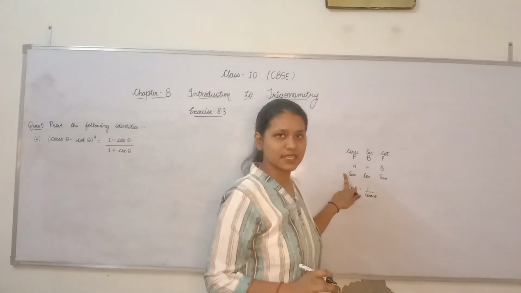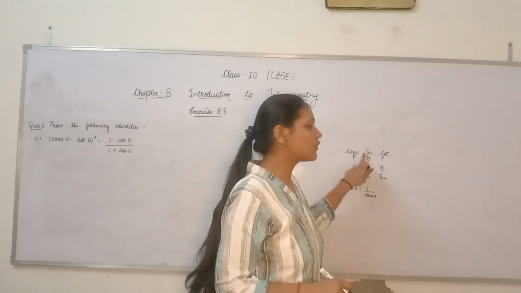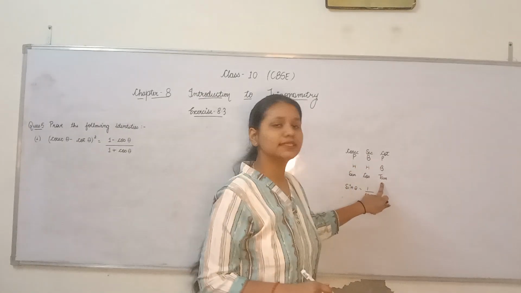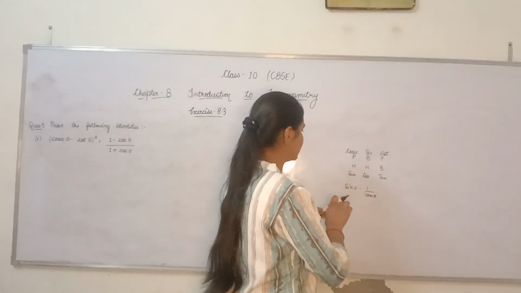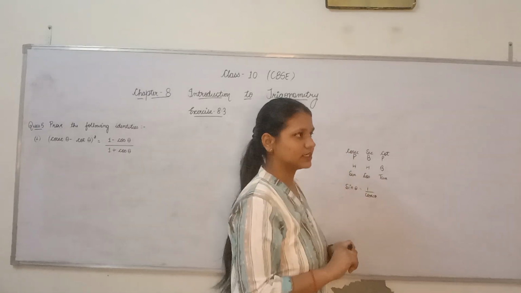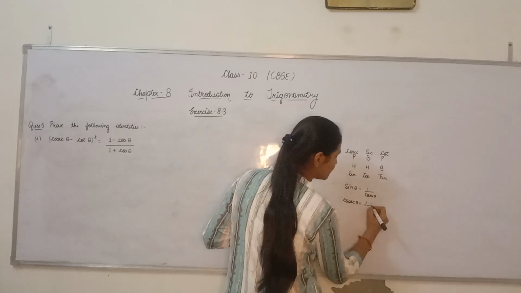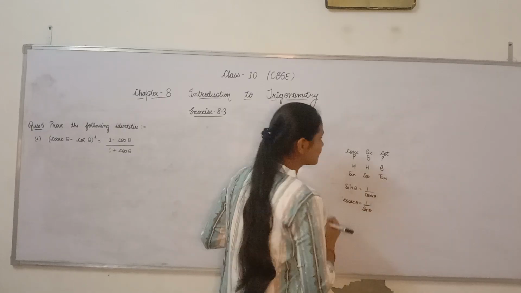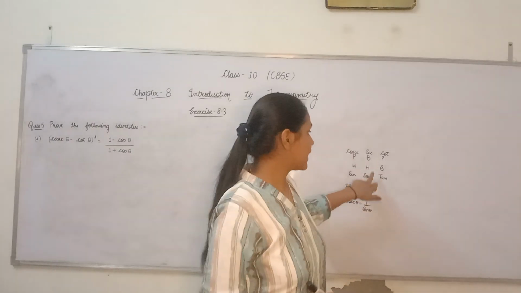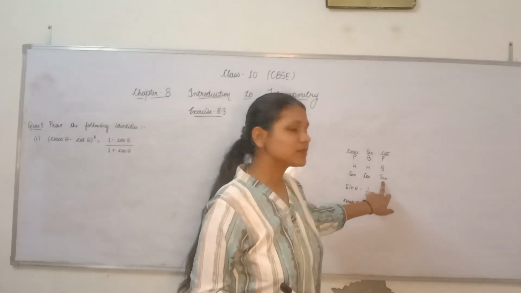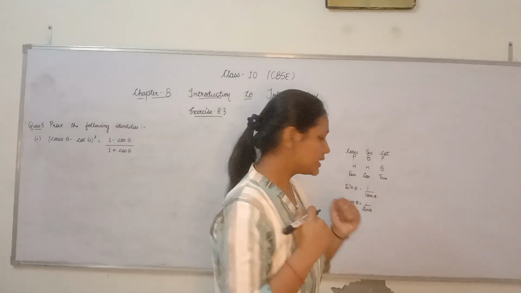Sine theta is the reciprocal of cosecant theta, and cos theta is the reciprocal of secant theta, and tan theta is the reciprocal of cot theta, and the same will be for cosecant theta. Cosecant theta is equal to 1 upon sine theta, and secant theta is equal to 1 upon cos theta, and cot theta will be equal to 1 upon tan theta.